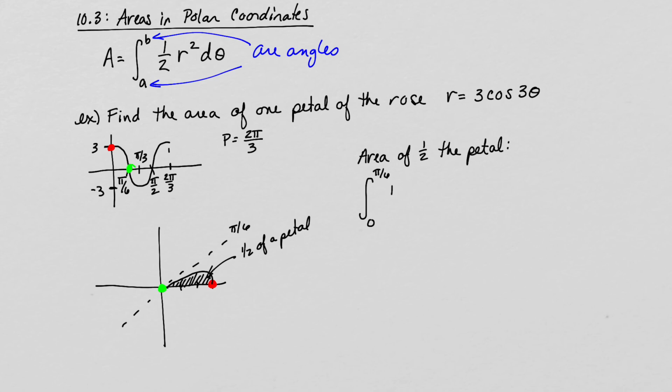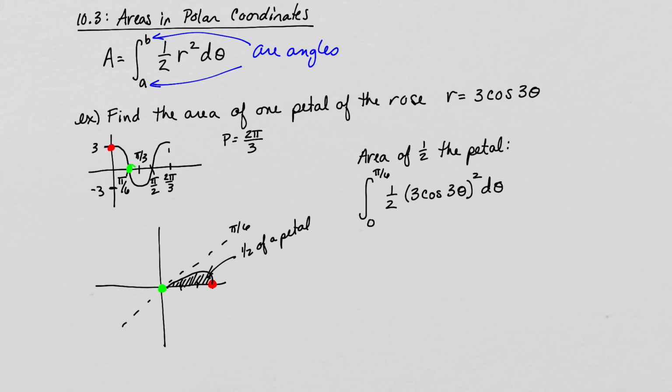And then the formula is 1/2, R is 3 cosine 3 theta, squared, d theta. Right, so I used that formula I gave, and I basically wrote down what that is.